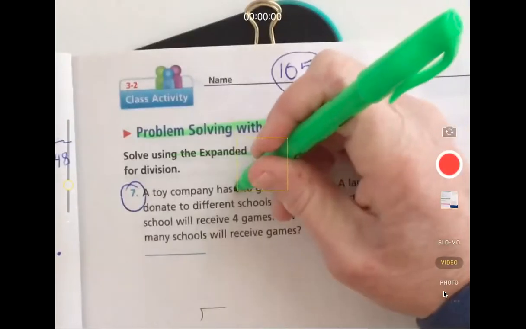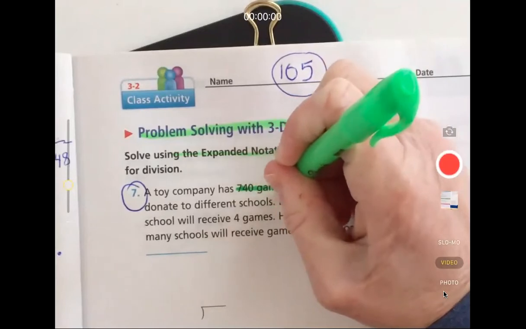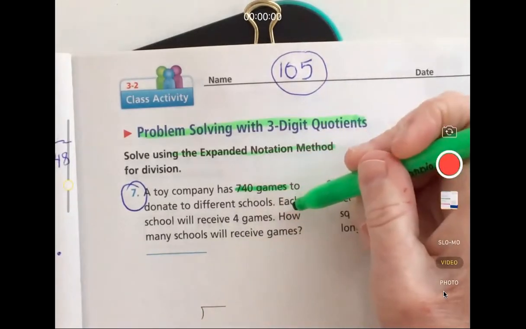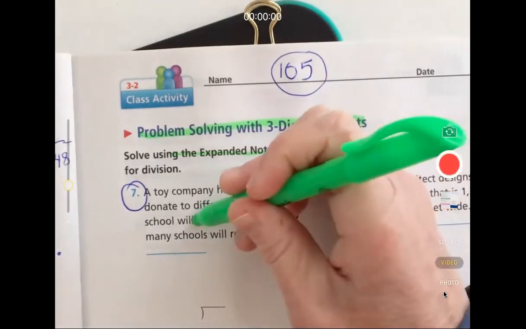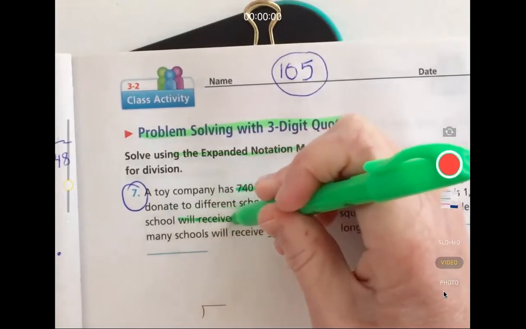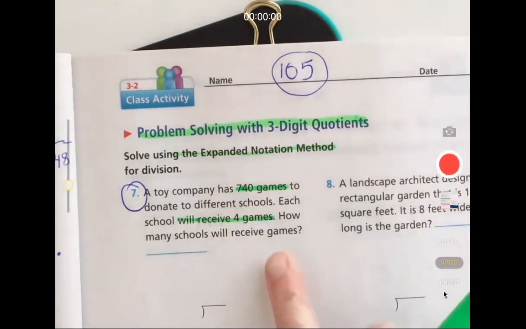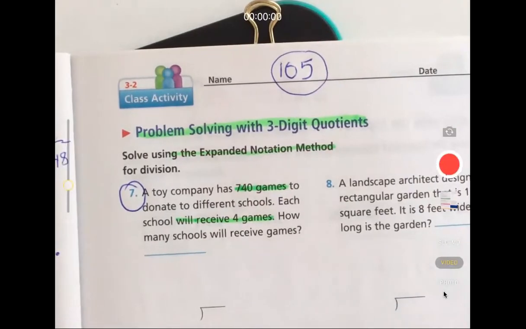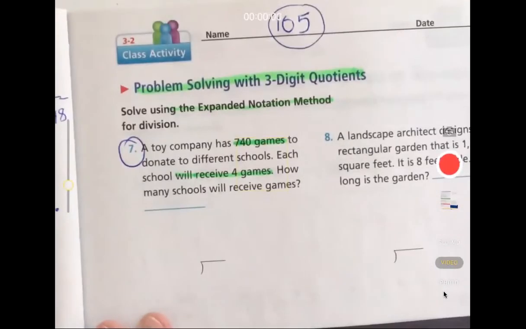I have my total here, 740 games. That's what the company has. Now, a number of schools that we don't know yet will receive 4 games. So we have to find out the other factor, which is how many schools. That's the question.